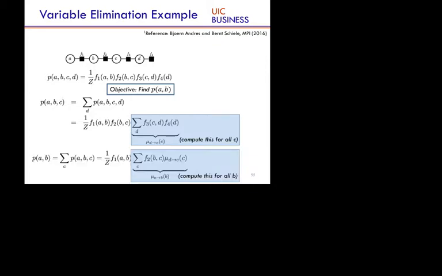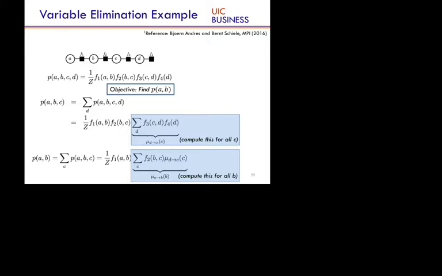So given that, let's take the next step. We only have one more variable to get rid of, and that variable is c. So we'll do a summation over c, and we can do that by pushing the sum in and taking out the terms which don't involve c. Among these, only f1 is independent of c, so it comes out of the summation, right?